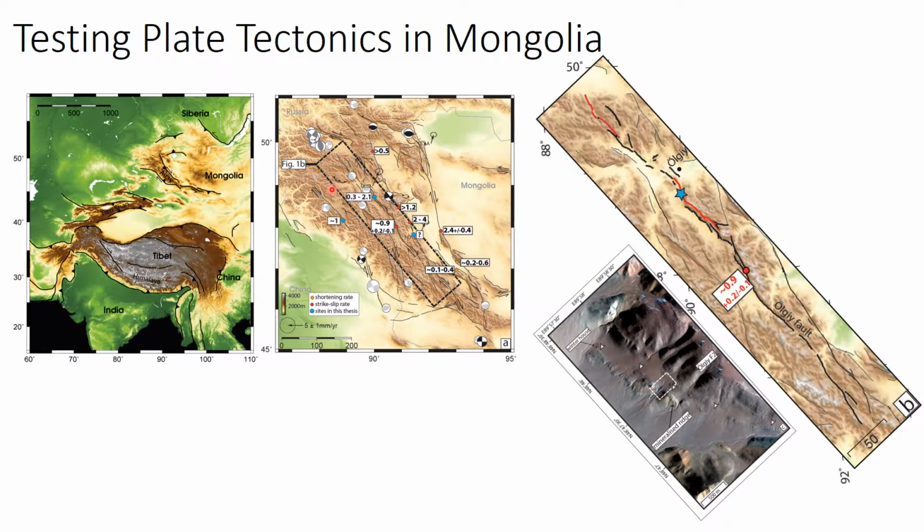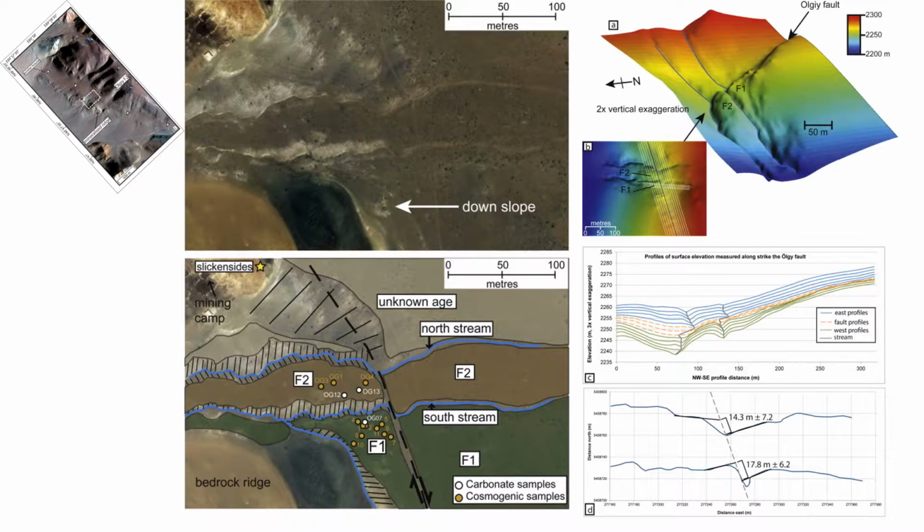Anyway, so Laura went, and you can see that maybe you might make out there are some faults, some black lines marked on this map here. You can kind of see this is one of them here. It's called the Olgai fault, and this is a satellite image of that. You can kind of see that as you go through this area, there's a kind of a line in the sand, basically. And this is where the fault, where the two bits of rock are rubbing against each other, is outcropping in the environment.